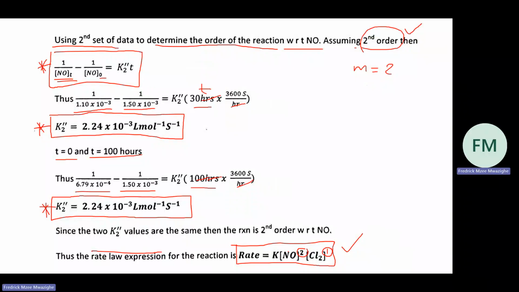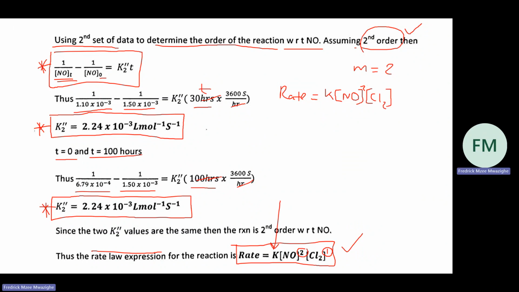Now, the second part of this problem is we need to find the value of K. You have to remember we had said that rate equals K times the concentration of NO squared times the concentration of chlorine.